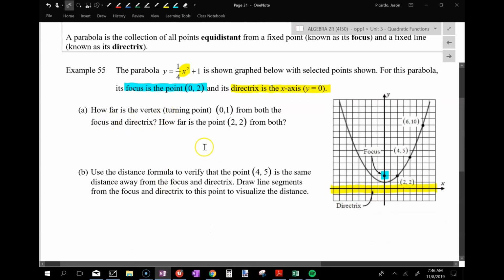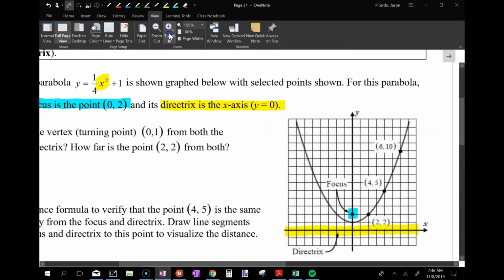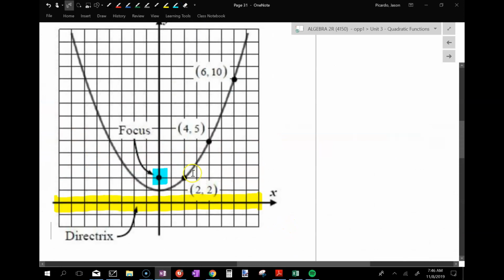How far is the vertex of the parabola from both the focus and the directrix? If I look at this little picture here, it says, how far is the turning point of the parabola? Would you agree that the turning point is right here? How far is that point from the focus?